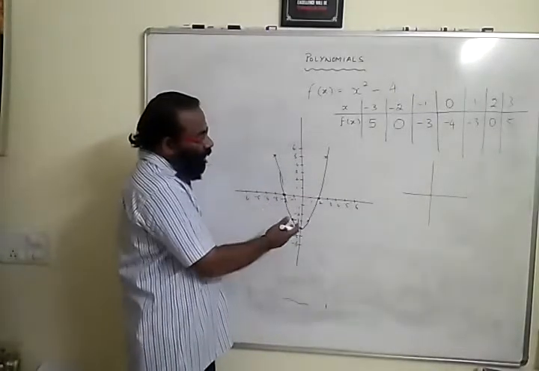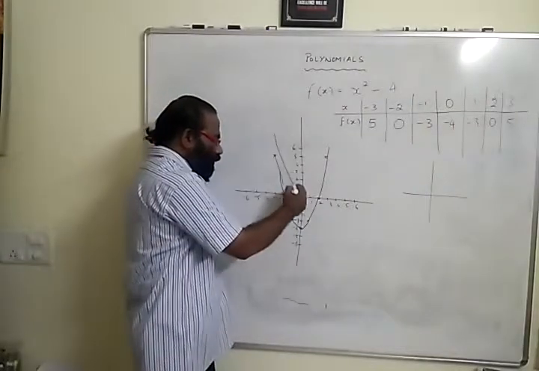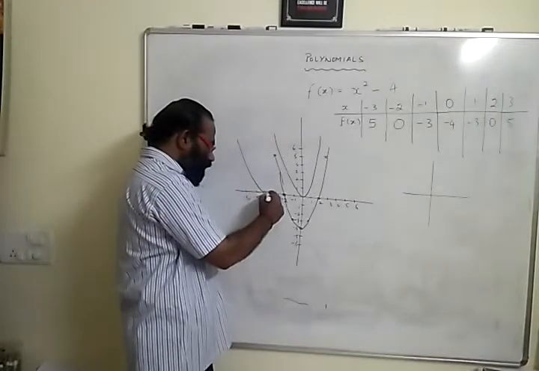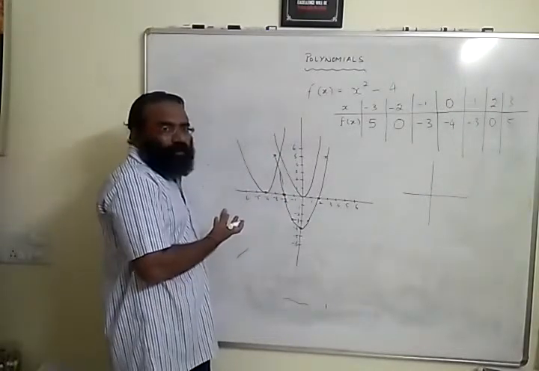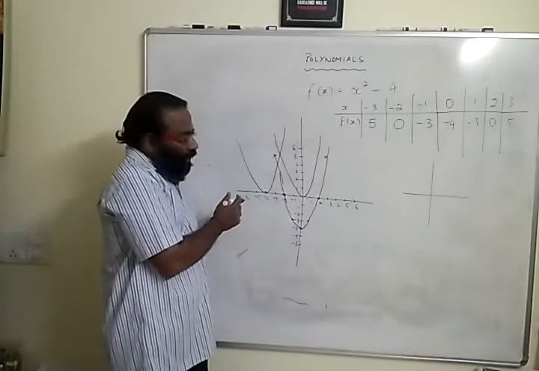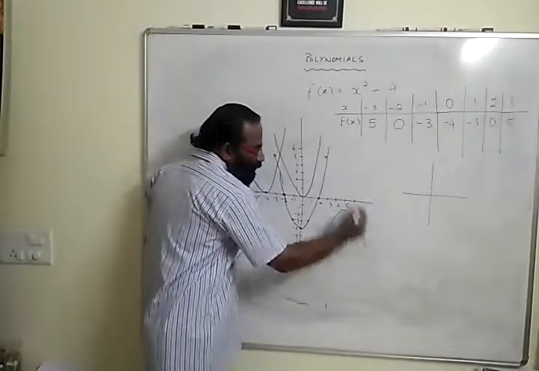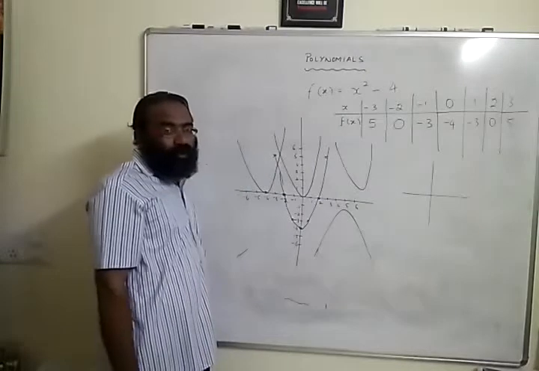So there can be other cases. Suppose this curve is here, or it is here, and it just touches. What does that mean? That means that both the zeros are at the same place. And sometimes you may have it like this or like this, in which case it is not touching the x-axis at all.